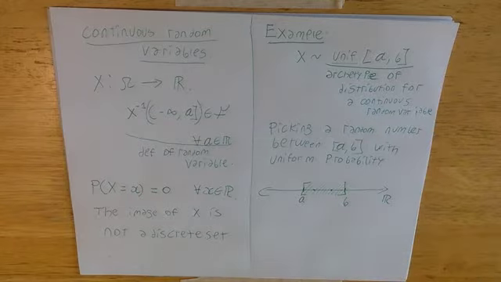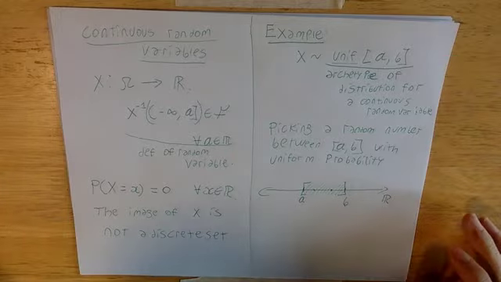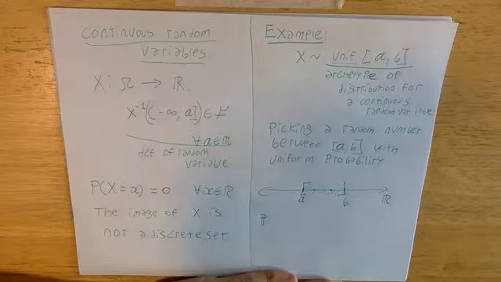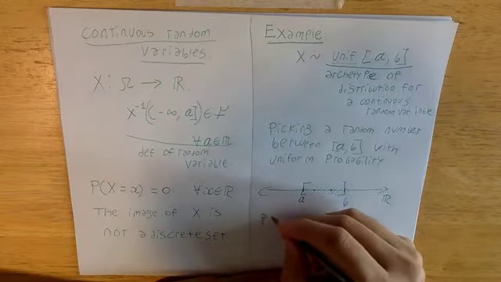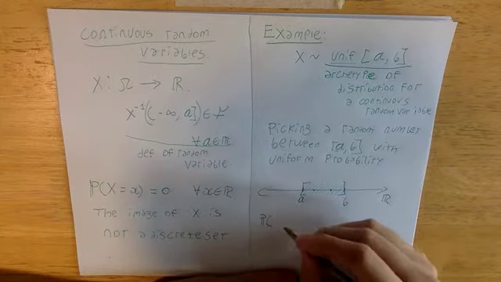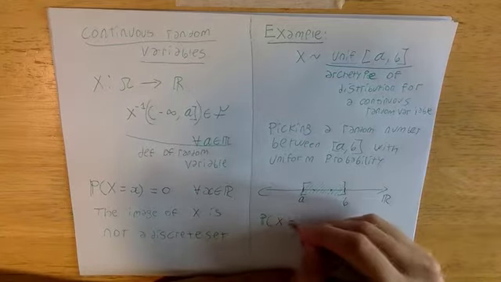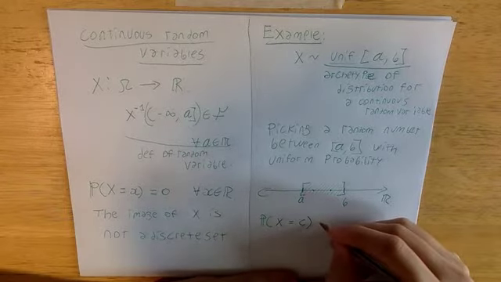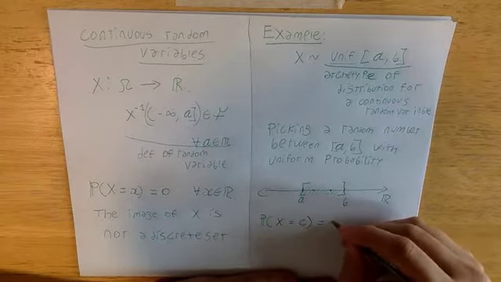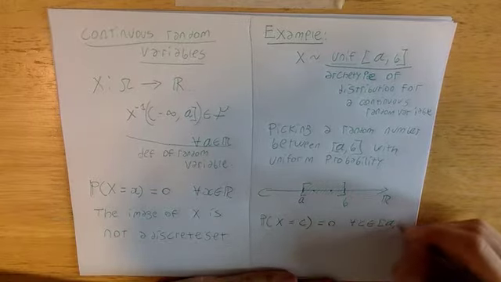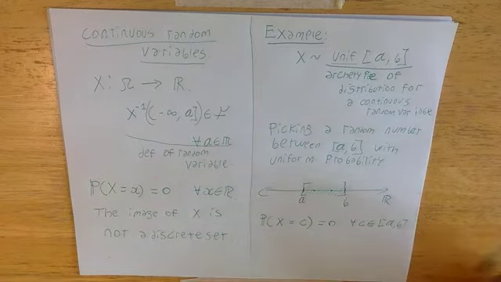The point that we should make is the following, that the probability that X is equal to c is equal to 0 for every c in AB. Okay, so what do I mean by this?